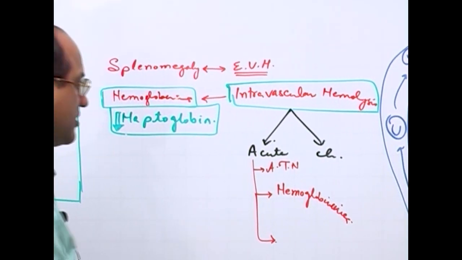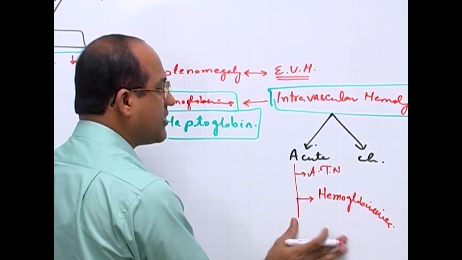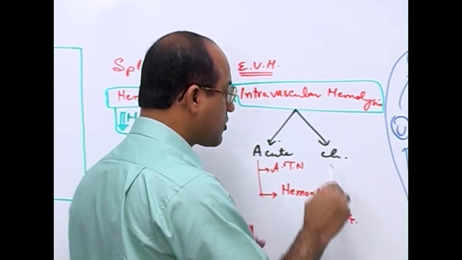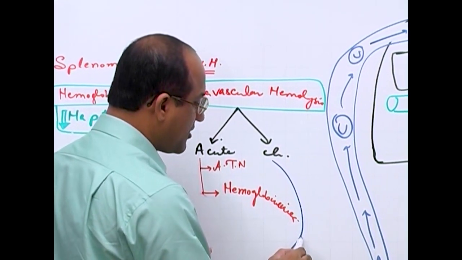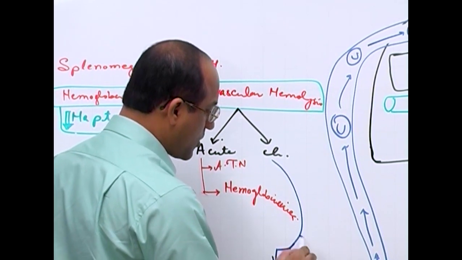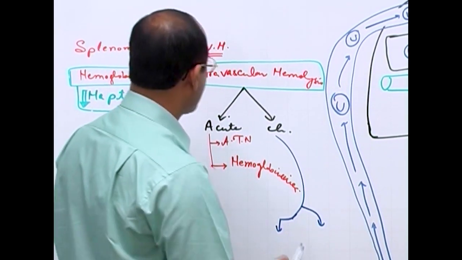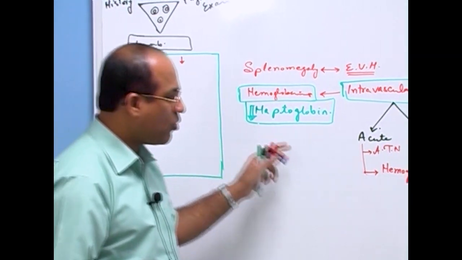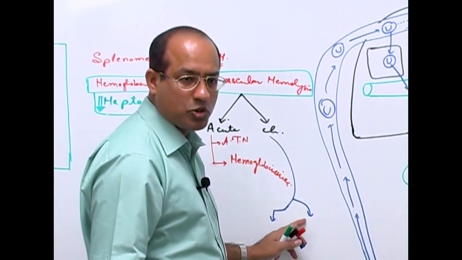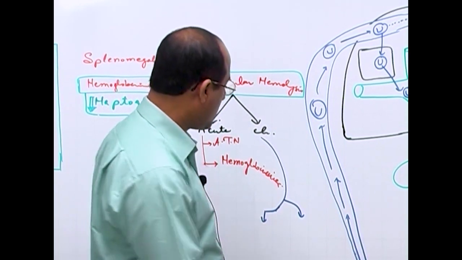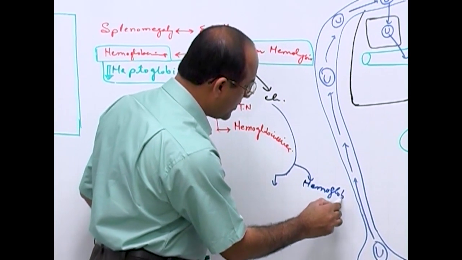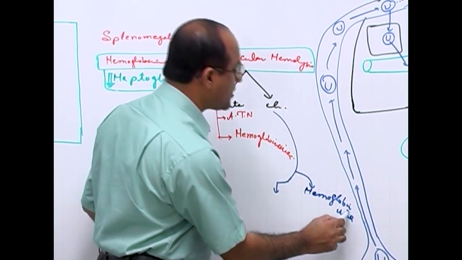This is acute hemolysis. But if there is chronic intravascular hemolysis, what will happen? Of course, other things are the same: hemoglobinemia, reduced haptoglobin level, and hemoglobinuria. But there will be one special feature.